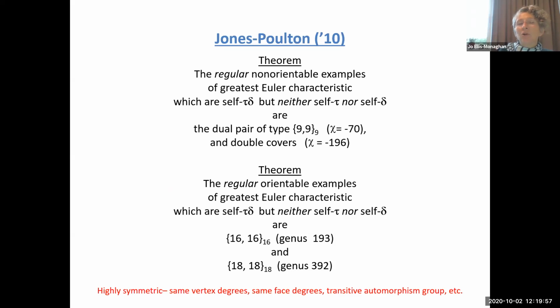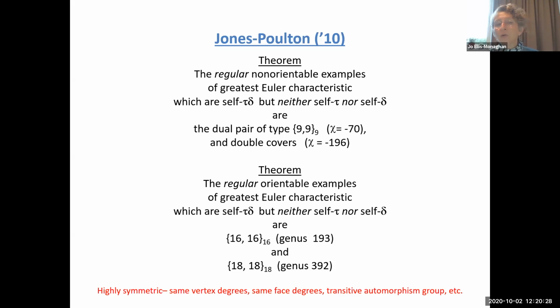Again, the same Jones-Poulton paper, and they were only looking at regular maps, which is important. The regular non-orientable examples with the greatest Euler characteristic that are these self-trial but not self-dual or self-Petrial graphs are this graph that we just saw, and its dual plus double covers of them.